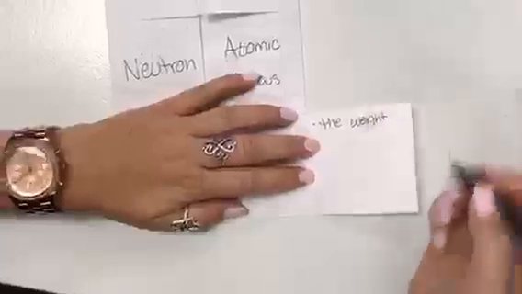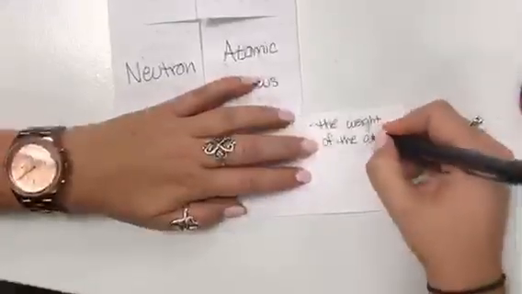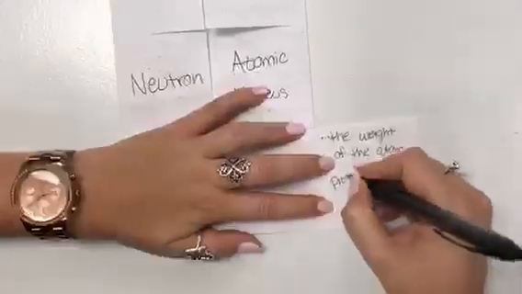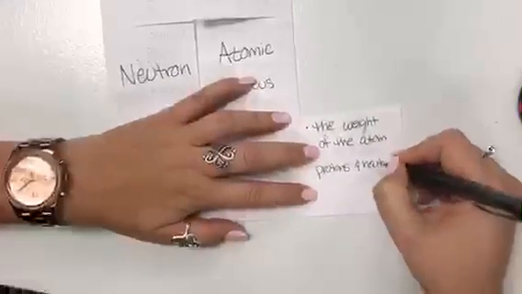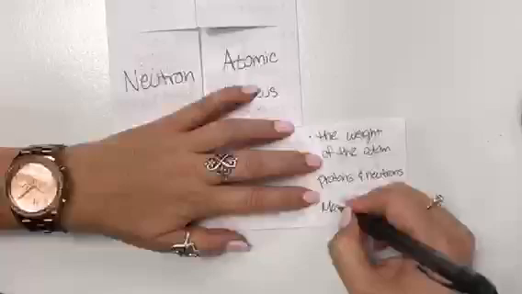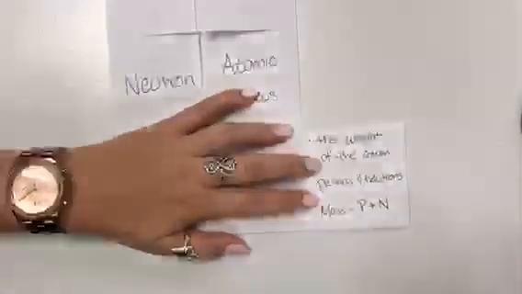So how much mass or how much does it weigh? And how we find that is this is the protons and the neutrons. So our equation is the mass is equal to the protons plus the neutrons.